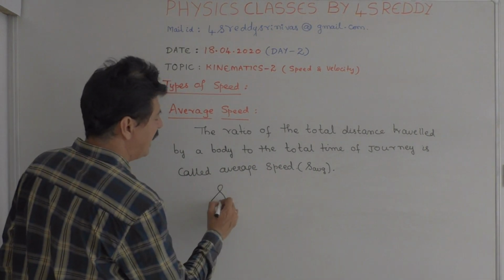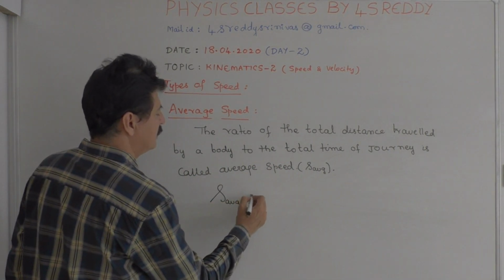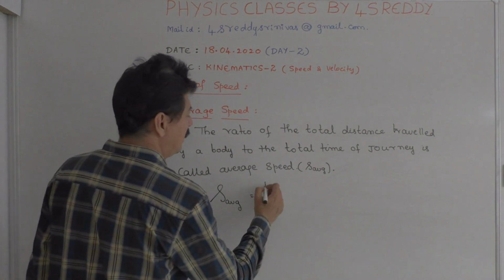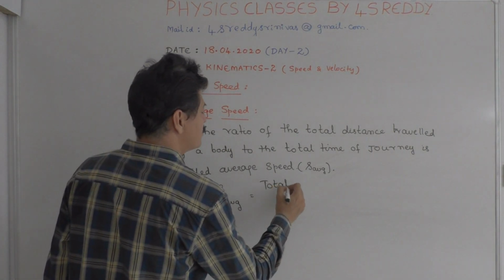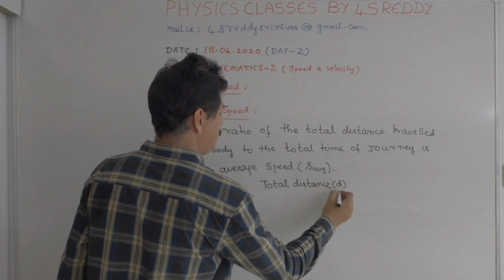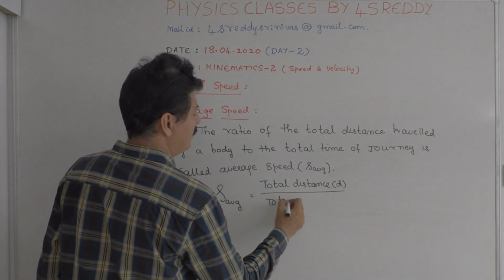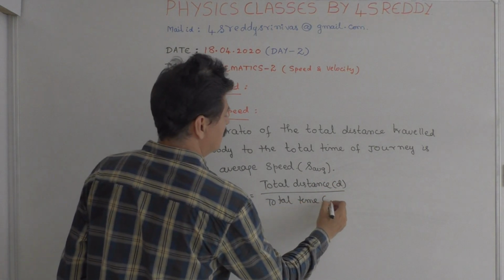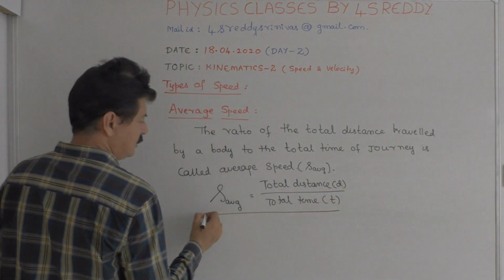And generally, the average speed is given by the total distance to the total time of journey. This is the formula for that.